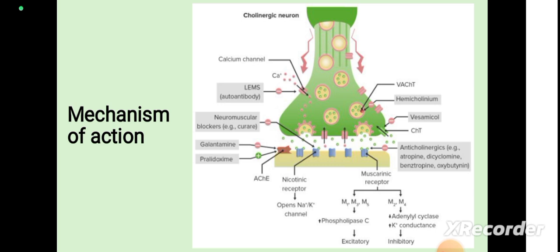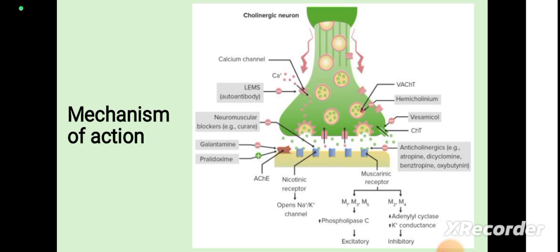Here the nicotinic receptor opens sodium and calcium channels. We also have anticholinesterases, which can be used, such as galantamine, pralidoxime, then neuromuscular blockers like curare, then LEMS autoantibodies.